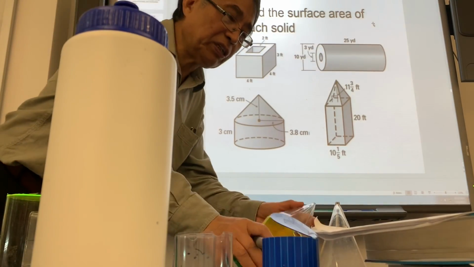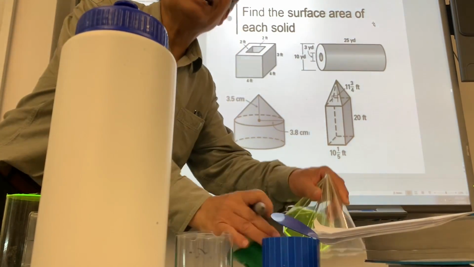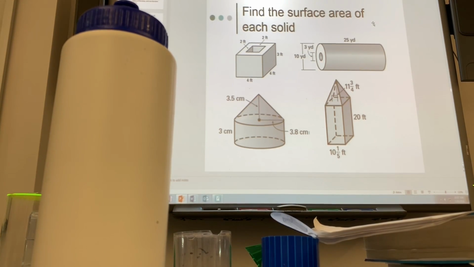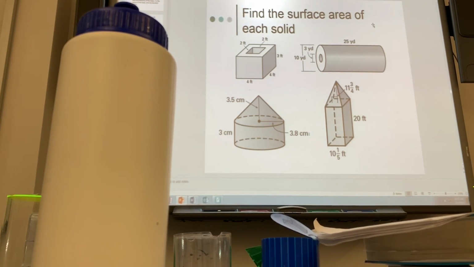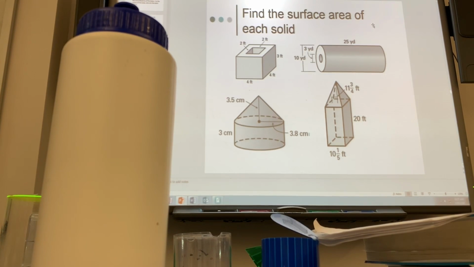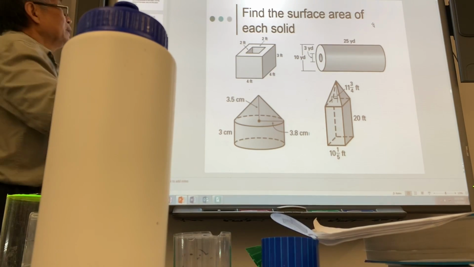Who can tell me the general formula for the pyramid and the cone? Please raise your hands. Is it S equals B plus half perimeter times slant height? Yes.